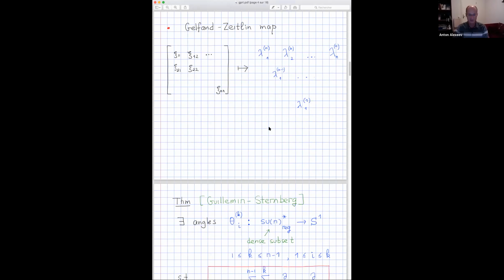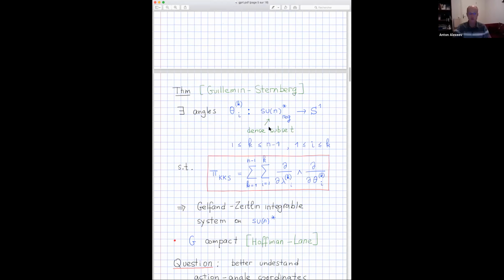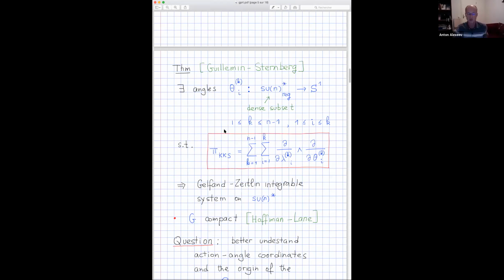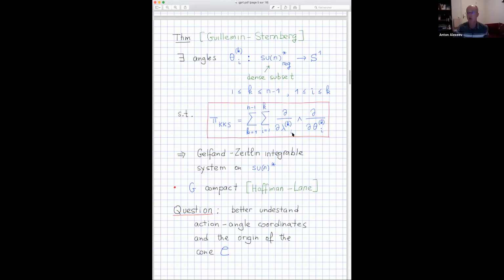And then it turns out that in these variables, this pi KKS, remember there was a linear Poisson bracket, takes this form as on the toric chart. And this is called the Gelfand-Zeitlin integrable system on the dual of SU(n). It looks simple, but it is still somewhat surprising, right?